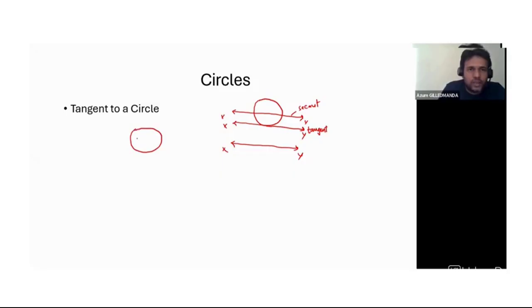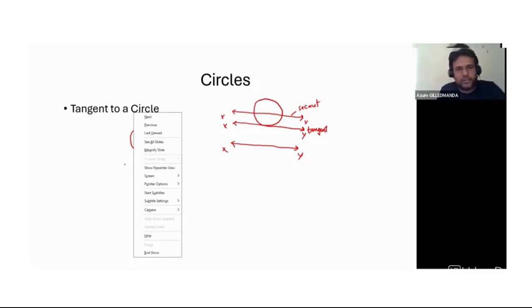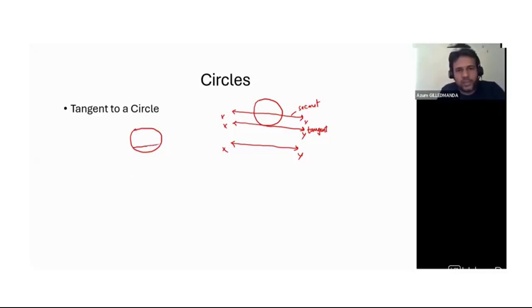Now, what is this? So this is a circle, right? If I just draw a line here, what is this line? This line touches the circle at two points. The line segment which touches the circle at two points is called a chord.